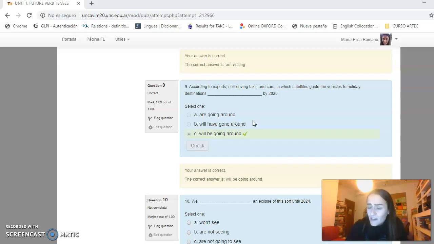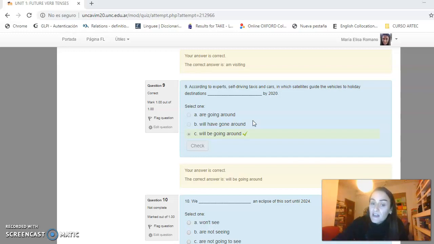We usually use this tense to refer to something that will be going on, that will be happening at a certain point in the future, but usually not the near future. In 2020, we're already in 2020, so by giving this idea of future, we should have changed the year.